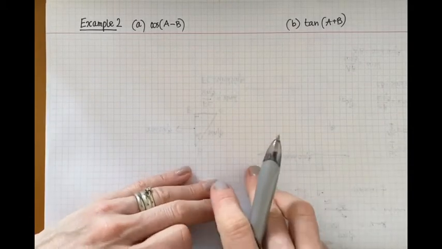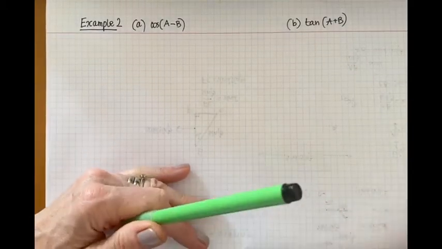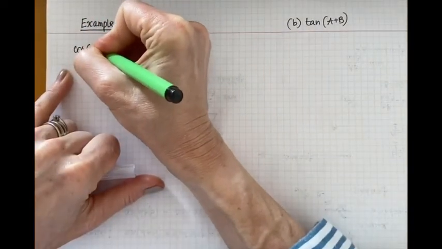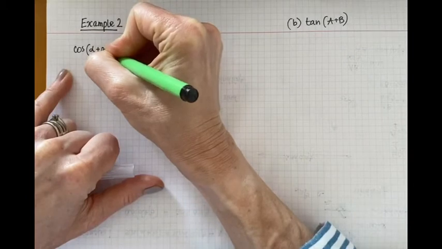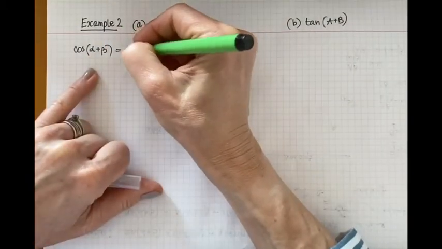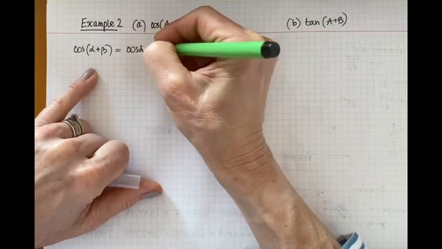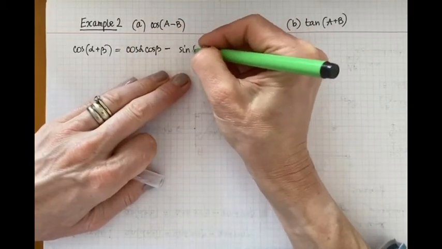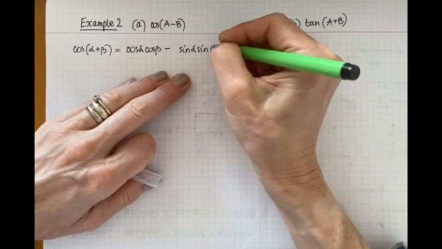So how can I use the result for cos A plus B? Well, for cos A plus B, I will use alpha and beta, it would be easier for this one. We've proven that cos alpha plus beta is cos alpha times cos beta minus sine alpha sine beta. There you go.